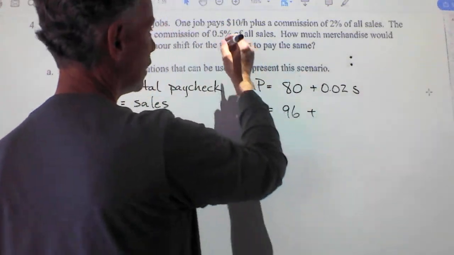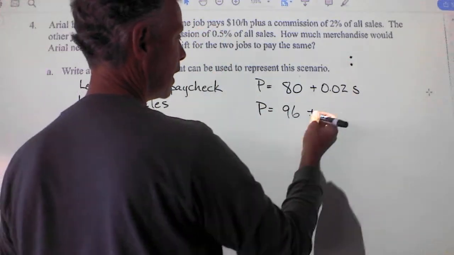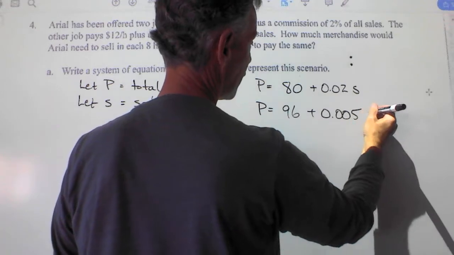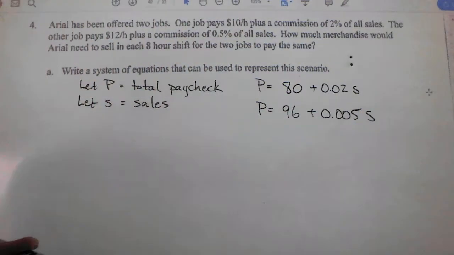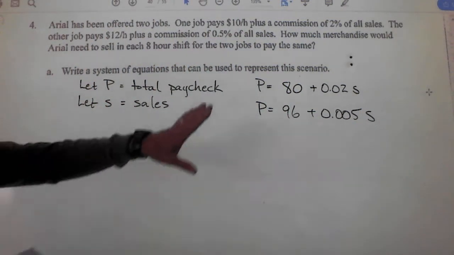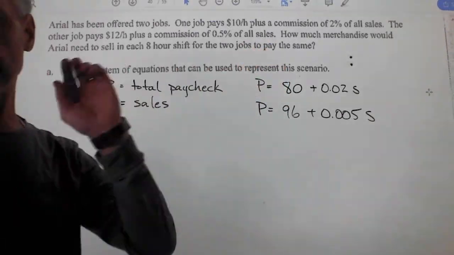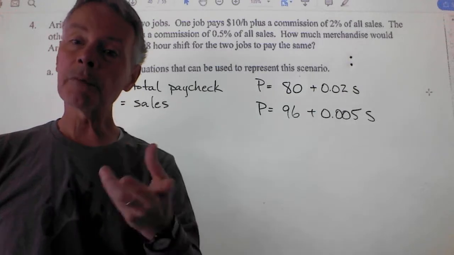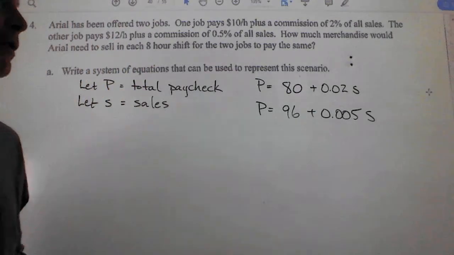And as a decimal, again, remember you move the decimal 2 to the left, that becomes 0.005 times S. Okay? So this is the hardest part of solving a problem with a system of equations. It's coming up with those two equations that you'll need to use.